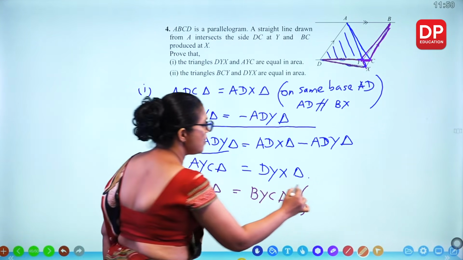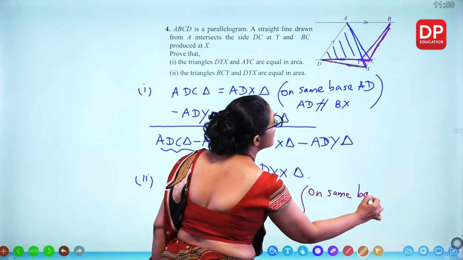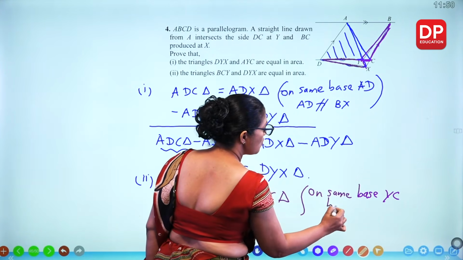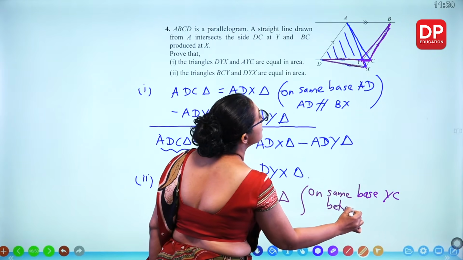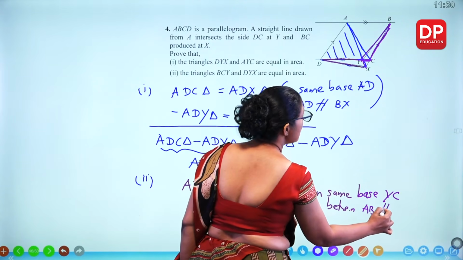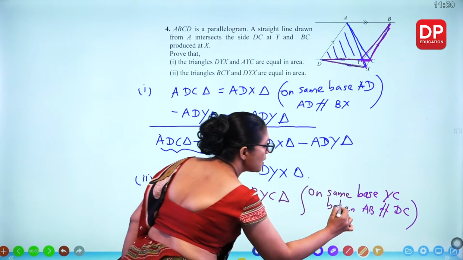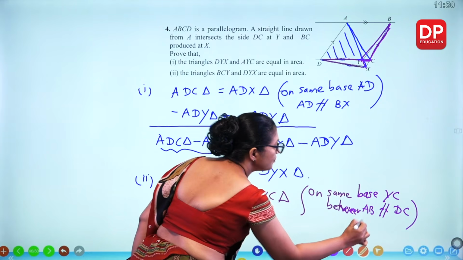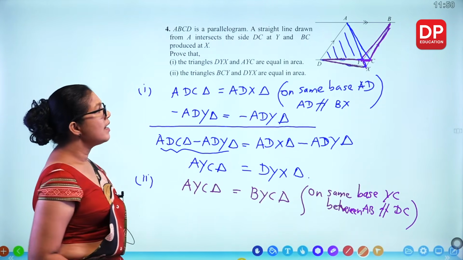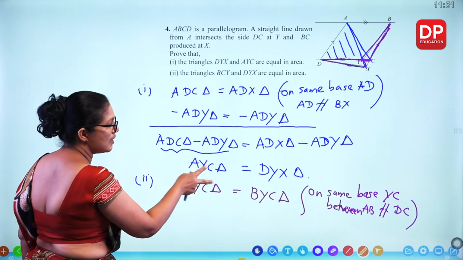Both are on the same base YC and between AB and DC parallel lines. So these two are equal.